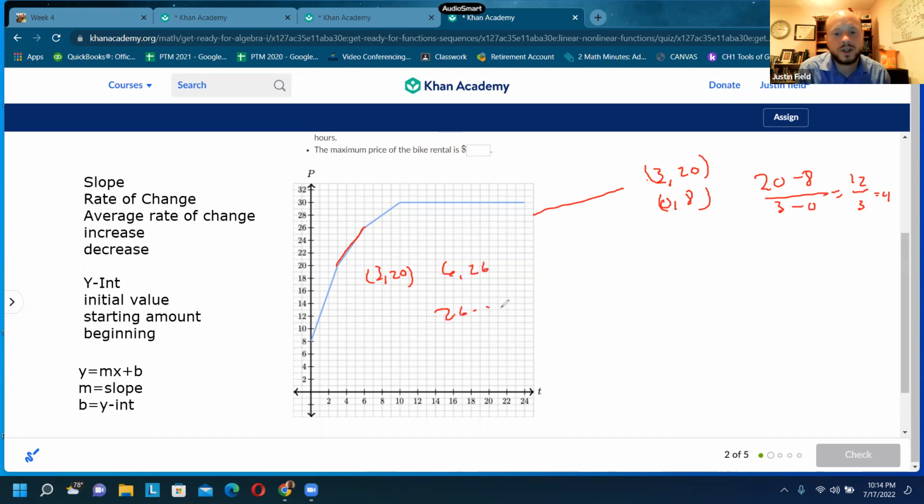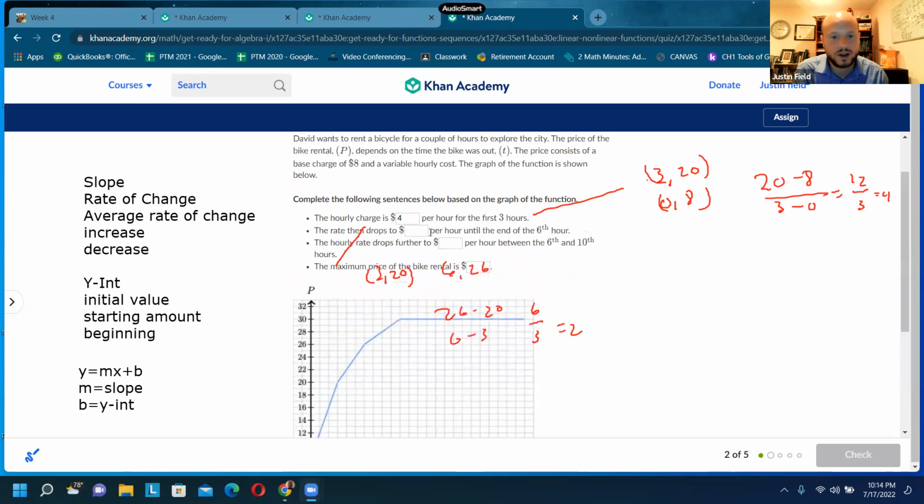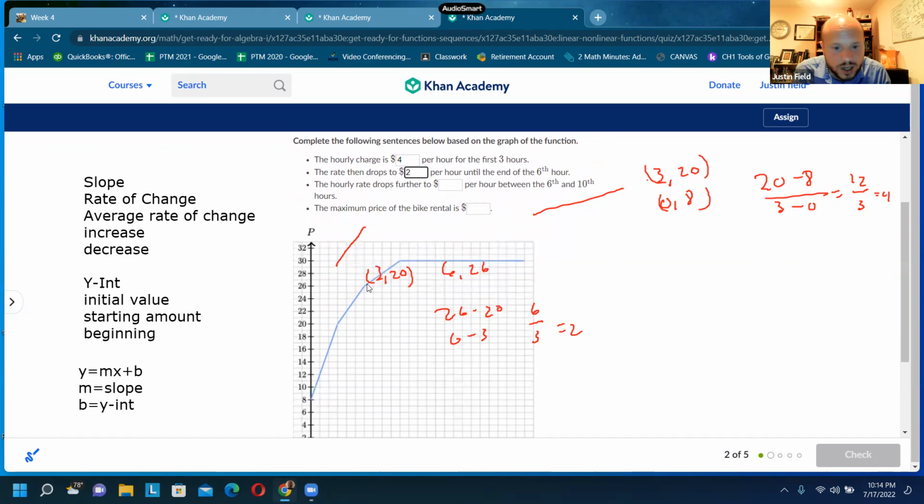So 26 minus 20 over 6 minus 3 is 6 over 3, which is 2. It drops to $2 an hour. What a change. The hourly rate drops further. It sure does, doesn't it? And what is that? It's got to be like 1, right?